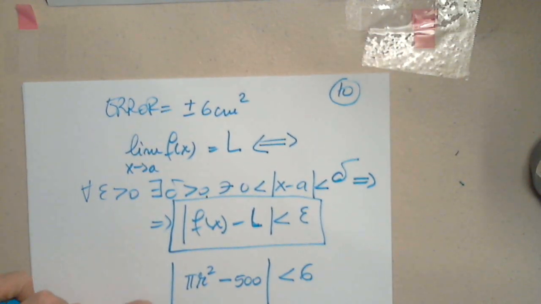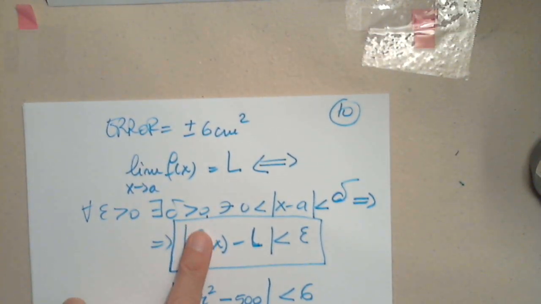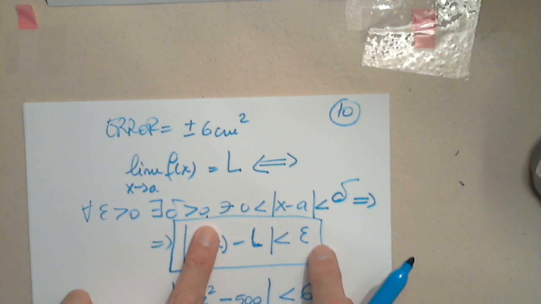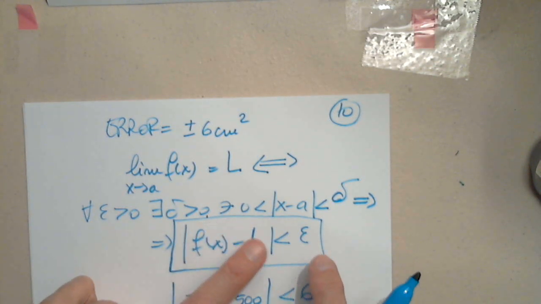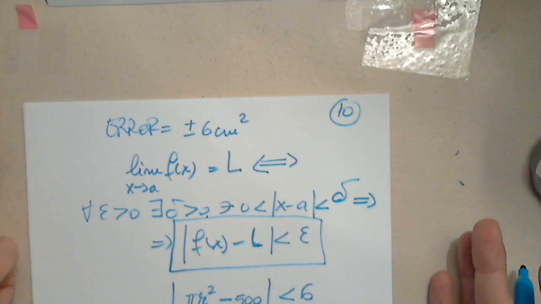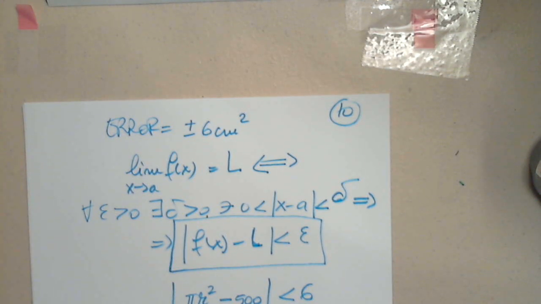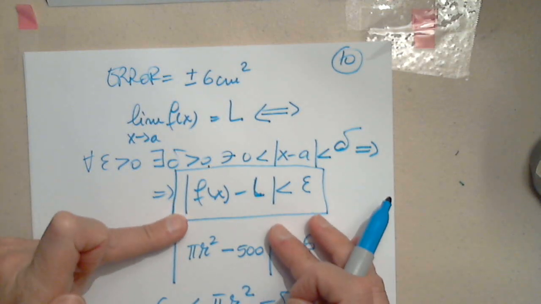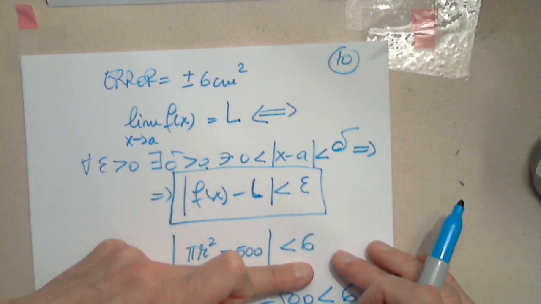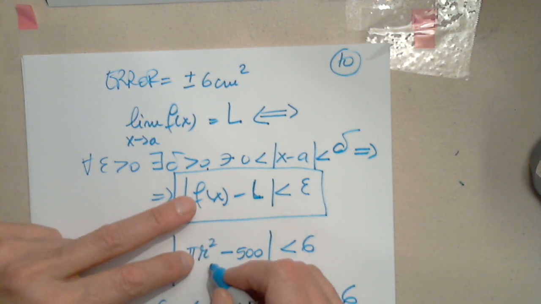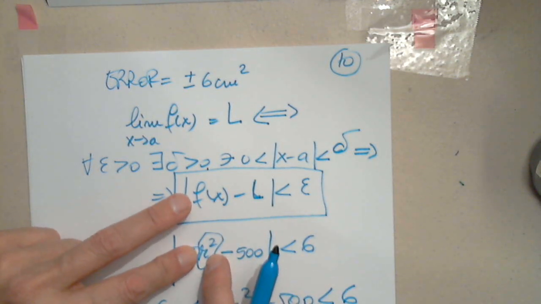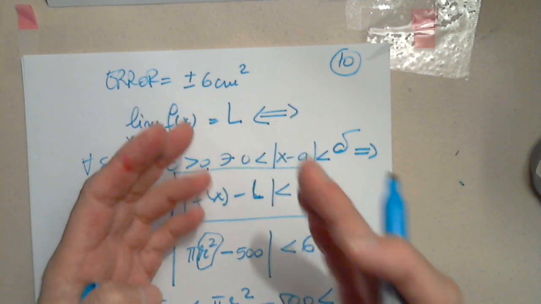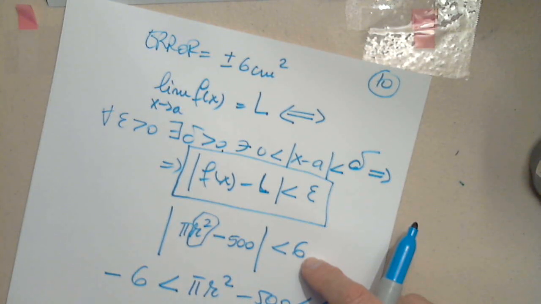So I want the distance between the limit and the area, which I know is not 0, to be less than the error of 6 that they give us. In my problem they give 6, maybe in your problem they give 4 or 3 or something else, right? What should the tolerance on the radius be so that the area will not have an error more than 6 centimeters squared?